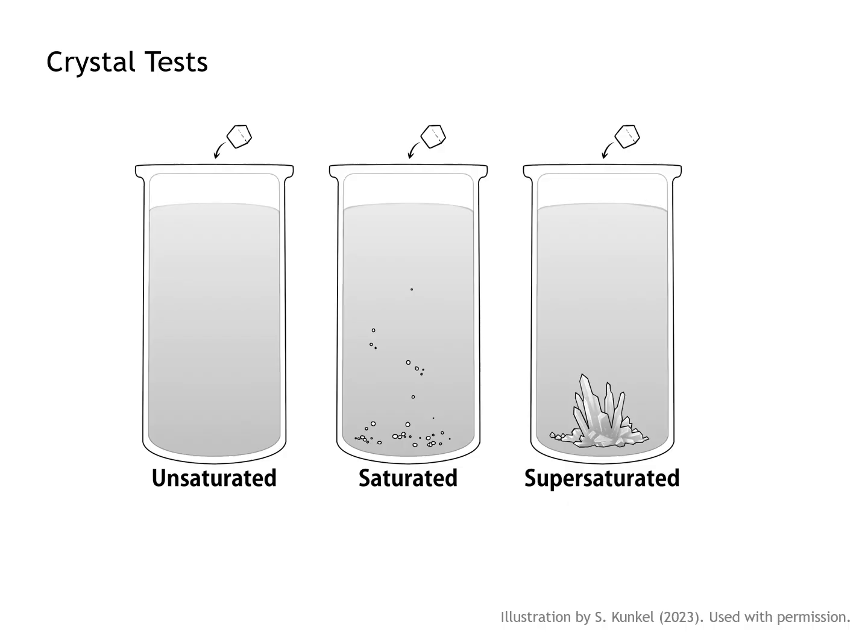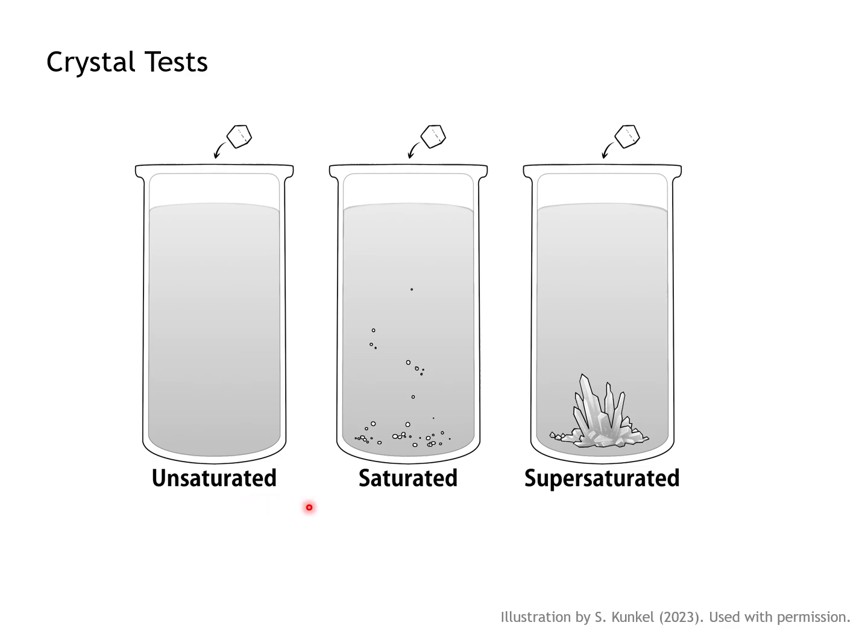All right, so if you are faced with a bunch of solutions and you want to figure out if they are unsaturated, saturated, or supersaturated, there is something called a crystal test that allows you to do so. You just drop a very small crystal of the solute, and in the case of an unsaturated solution, if the crystal falls in and dissolves, then that was an unsaturated solution.